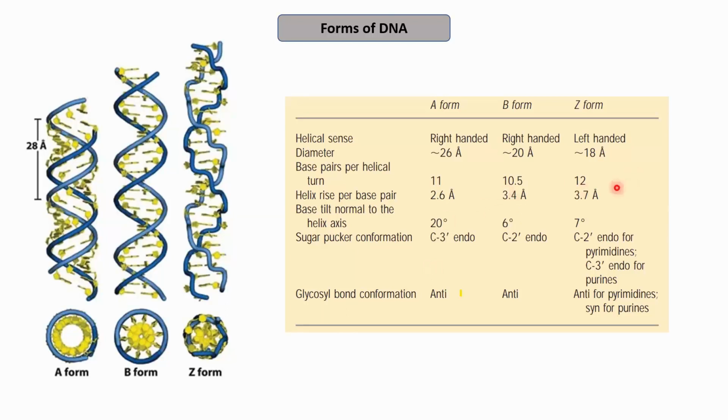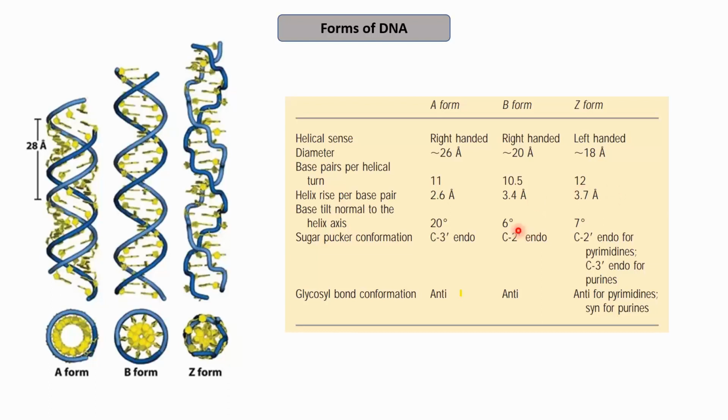And in case of Z form, there are 12 base pairs in one helical turn. Now, helix rise per base pair is 2.6 angstrom in A form of the DNA, 3.4 angstrom per base pair in B form DNA, and in Z form of DNA, it is 3.7 angstrom per base pair.